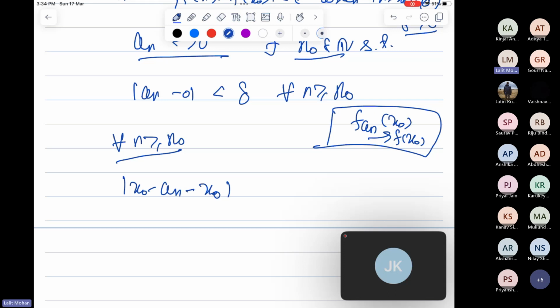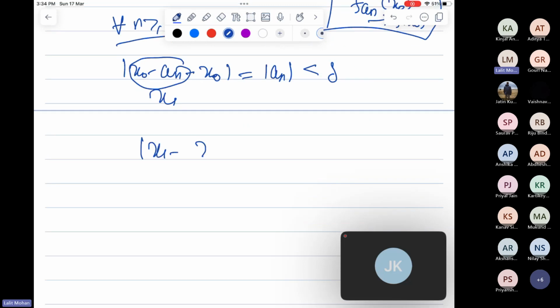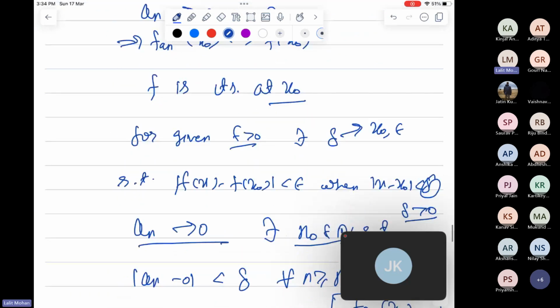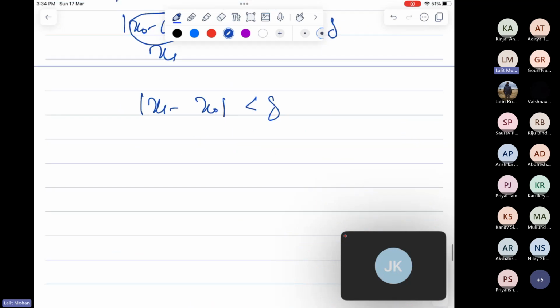x_0 minus a_n, this will be |a_n|, which is less than delta, right? So consider this x_1. It means |x_1 - x_0| is less than delta. By the definition of continuity, if |x - x_0| is less than delta, that will imply |f(x) - f(x_0)| is less than epsilon.